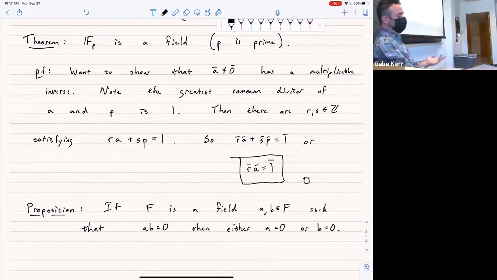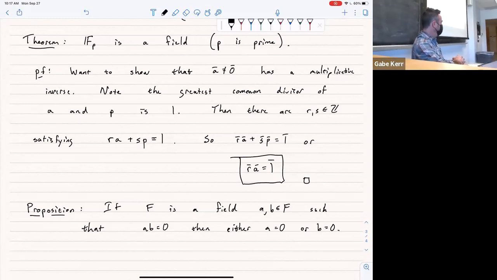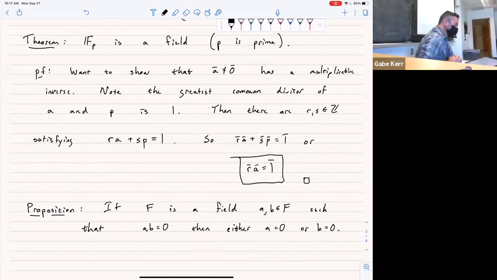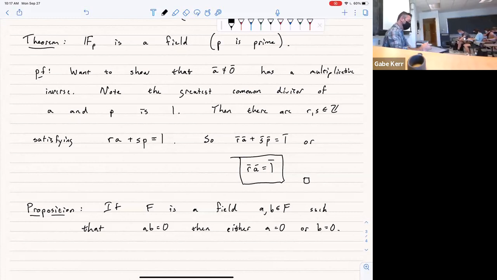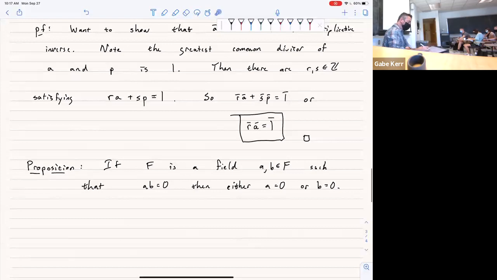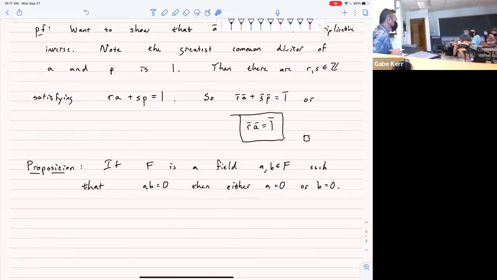The reason is that if they were both non-zero, you can multiply by the multiplicative inverse of one of them, and you would get that the other one is 0. When you have a situation where you can get AB equals 0 and both are non-zero, you call these things zero divisors.